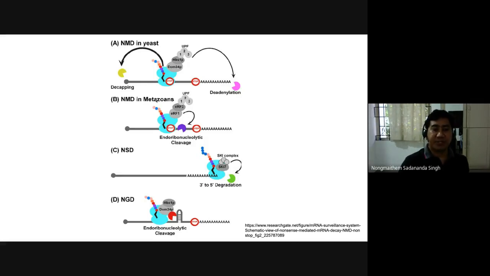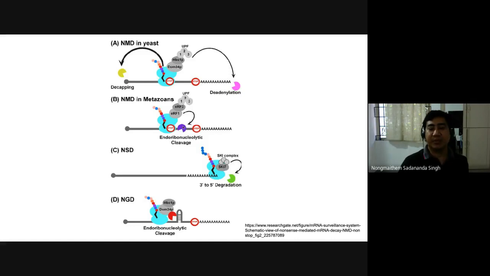In the metazoans, the nonsense-mediated decay is slightly different from yeast in that the stalled ribosomes recruit release factors, which recruit certain other factors, which recruit endonucleolytic proteins, thereby cleaving the mRNA in the middle rather than de-adenylation at the start.